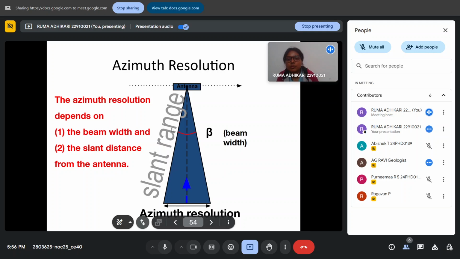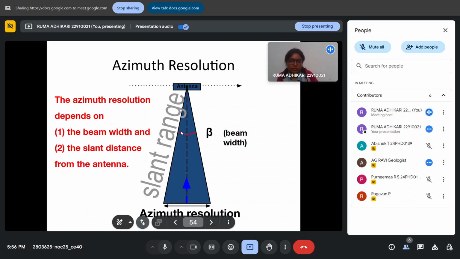Also, to understand beam width, the azimuth resolution depends on the beam width and the slant distance of the antenna. The lesser the beam width, the more the resolution. More resolution in the sense that numerically it is lower in number.